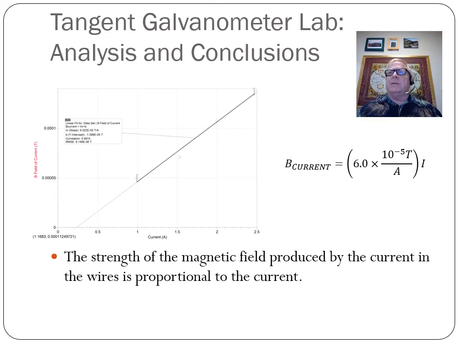If the compass is positioned so that the magnetic field of the Earth is directly along the plane of the tangent galvanometer, so the tangent galvanometer has to be positioned that way as well, then you should have no other magnetic field when the current is zero. But because there is going to be an intercept here, in fact, a negative intercept, that might indicate a problem with how the compass was placed. But I believe we can be confident in saying that apparently the magnetic field does depend directly on the amount of current that is producing that field.